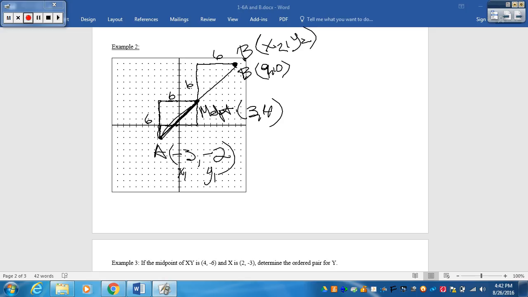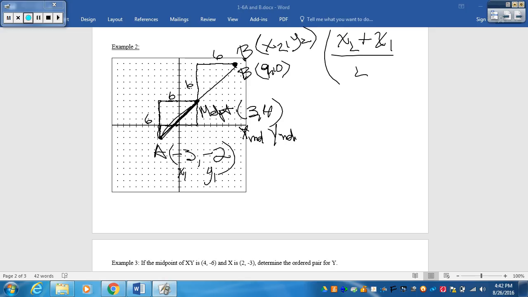And obviously this would be the x midpoint. I'll just say x mid and y mid. Okay? Well, if we use our formula that we talked about a little bit ago, we know that if I go ahead and take x sub 2, remember it's plus this time, as opposed to when it was the distance formula, it was minus, okay?